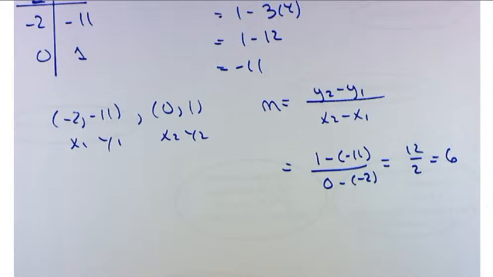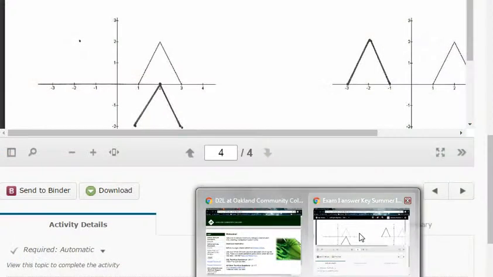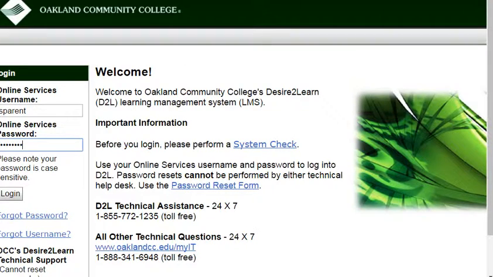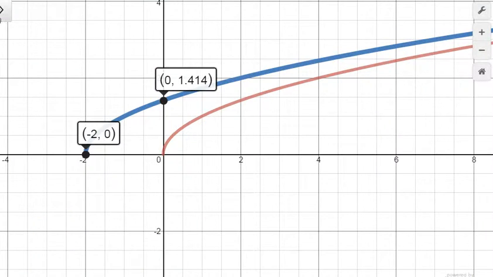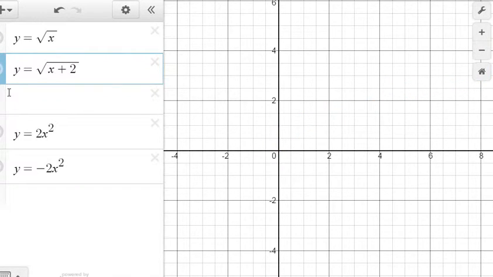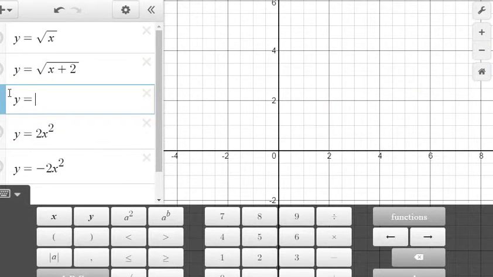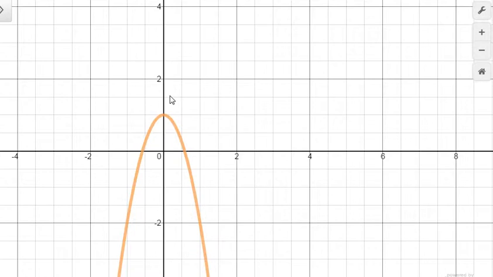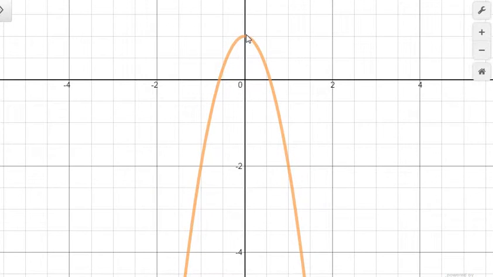Let's take a quick look at the graph and see if that makes sense. So let me cut back over to Desmos. Let's take a look at the graph, y equals 1 minus 3x squared. We want to look at the function at two different points.